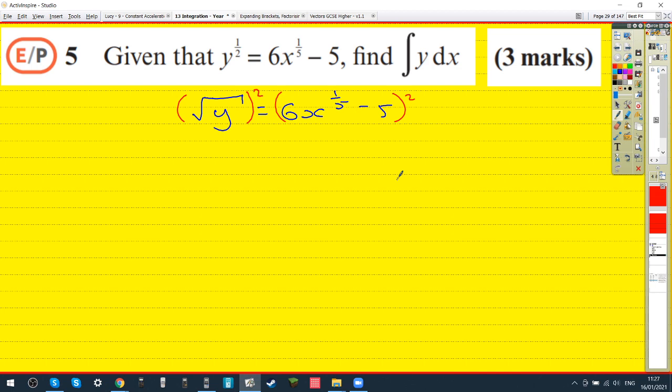So on the left side it'll be y equals, and then 12x, then a fifth, 2 over 5, up to the power of 2 over 5. Minus 5 to the power of 2.